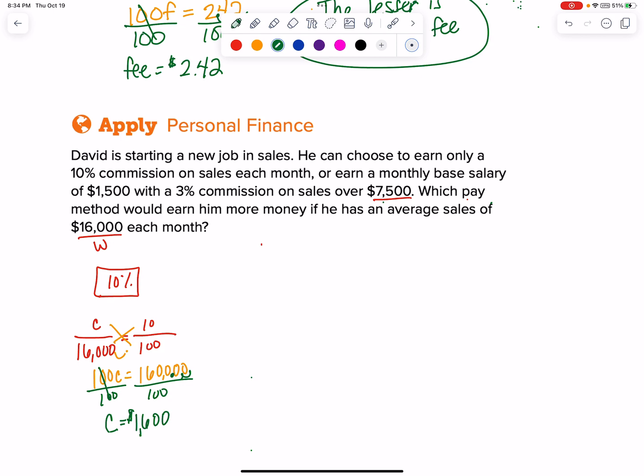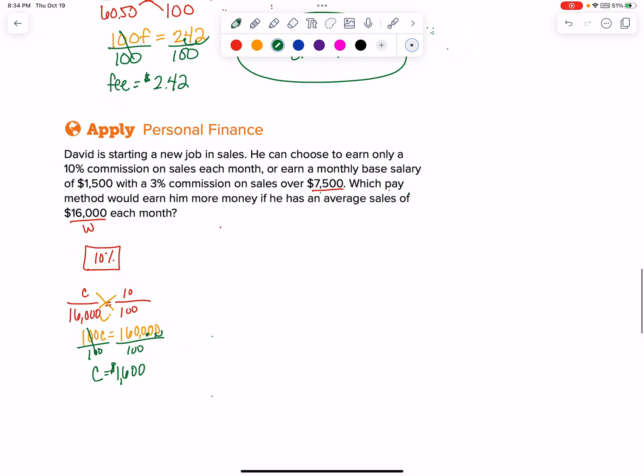All right, because businesses are tricky like this, I'm going to assume that you don't get commission on anything 7,500 or less, but anything beyond that, you start to earn commission.